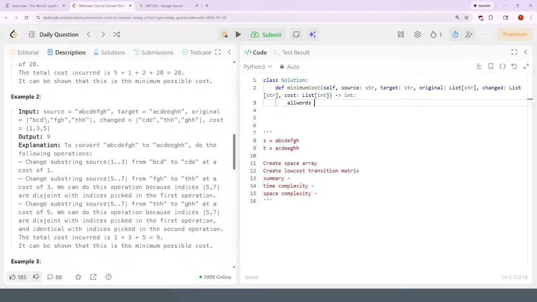So if I want to basically create all words be a string that includes everything inside original and changed and map that to a number, so the number can be used as the index into a matrix. So I want to use a default dictionary, map each word as a key, the value is the index. I guess.